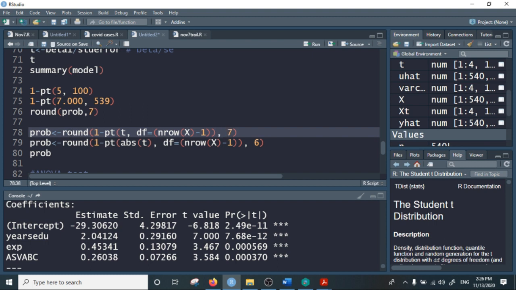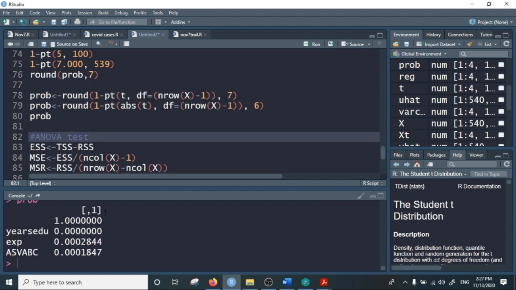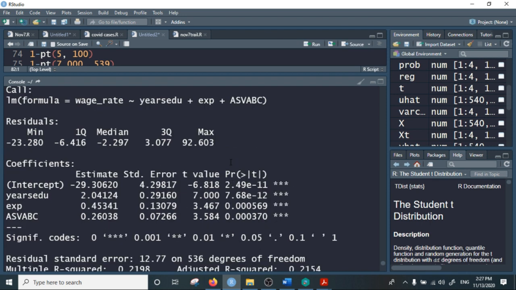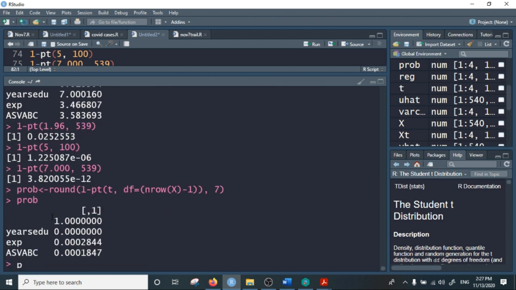Since we have used the round function, we should specify the number of digits. If I run this and look at what is saved inside the probability, there is one problem with the first one. From the inbuilt function, the probability was very low, almost 0, but in our case the probability appears to be 1.